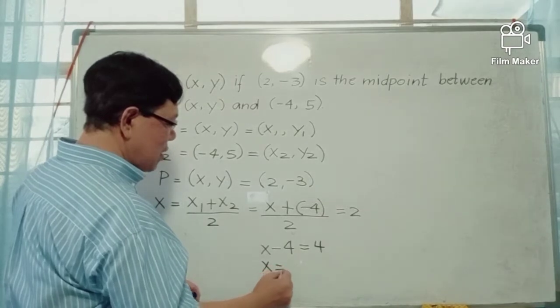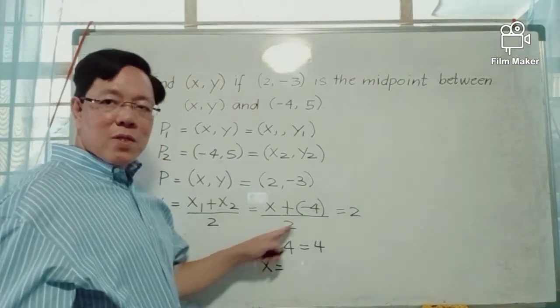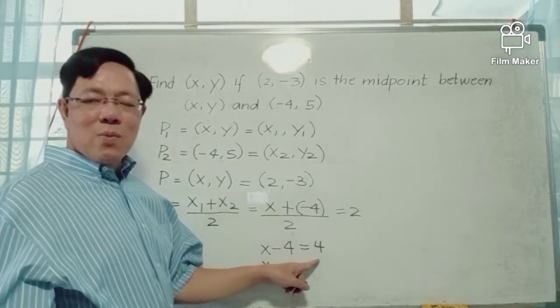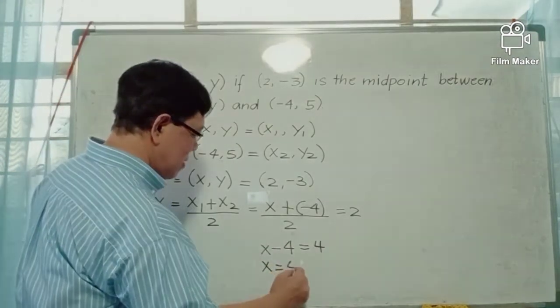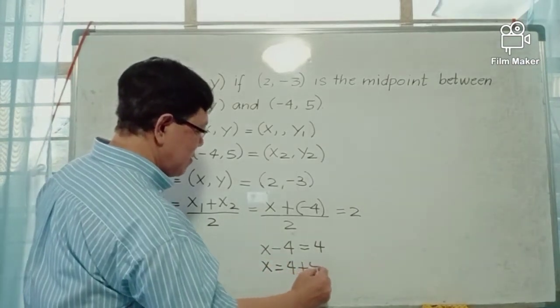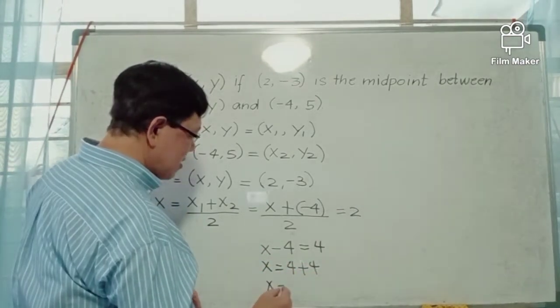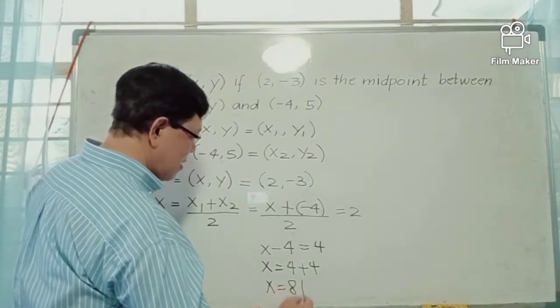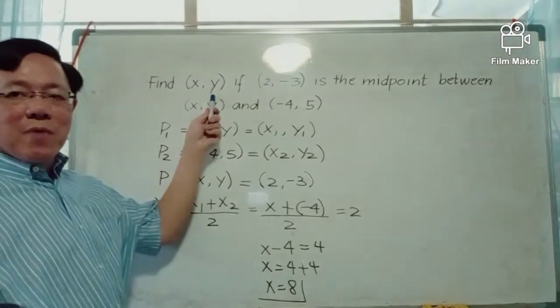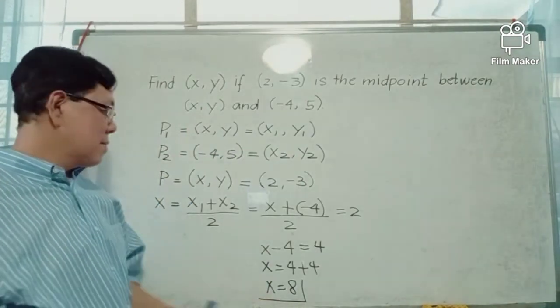Therefore, x equals negative 4 transposed to the right, to the other side. From the other side, we have 4. Negative 4 to the other side is plus 4. Therefore, x is 8. The abscissa of the point we want to find is 8.